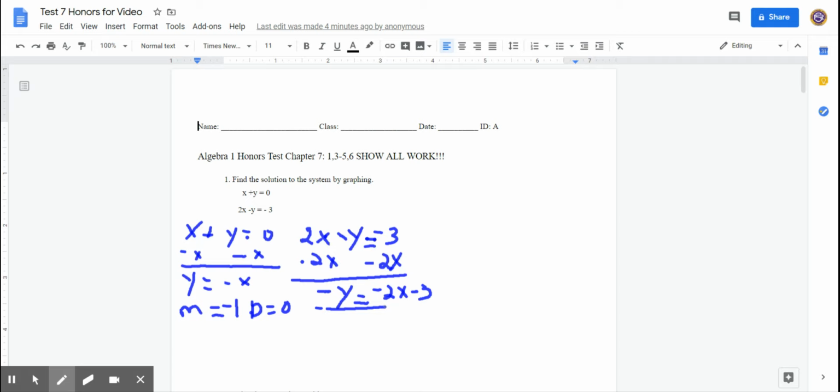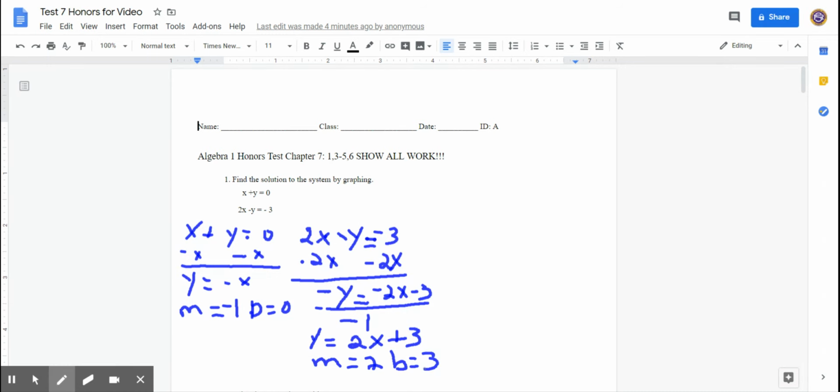Careless mistake here is to forget to divide through by negative 1, because remember, you want to solve for y. So y equals positive 2x plus 3. So your slope is 2 and your y-intercept is 3.